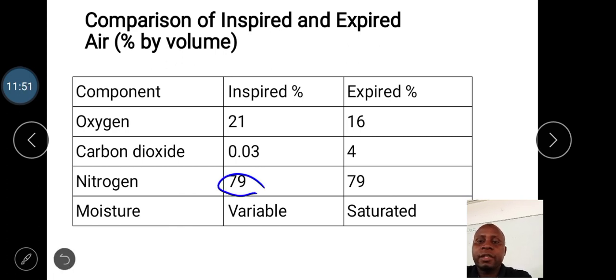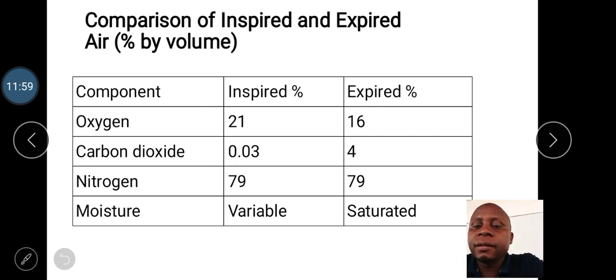Explain why the percentage of nitrogen remains 79%, both in inhaled air and exhaled air. Because nitrogen is not used up during gaseous exchange. Nitrogen does not move into or outside. It actually does not pass across the alveolus. Is it clear?